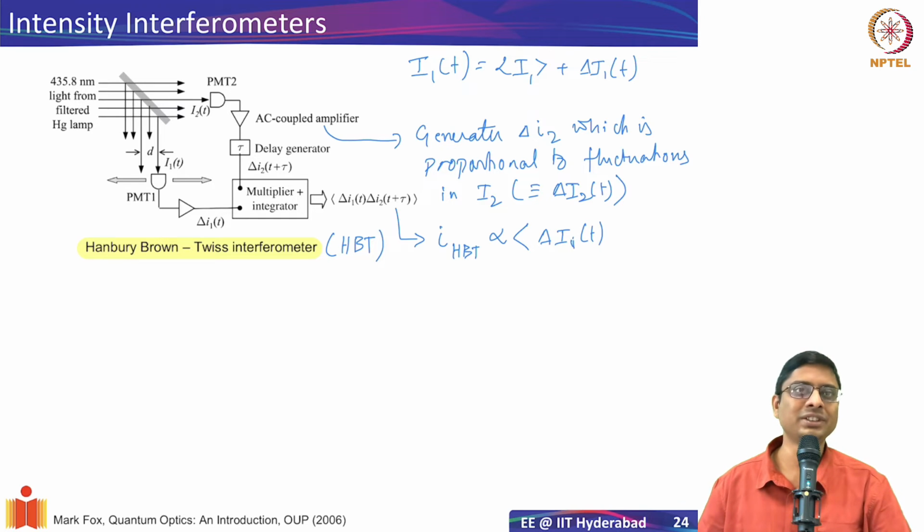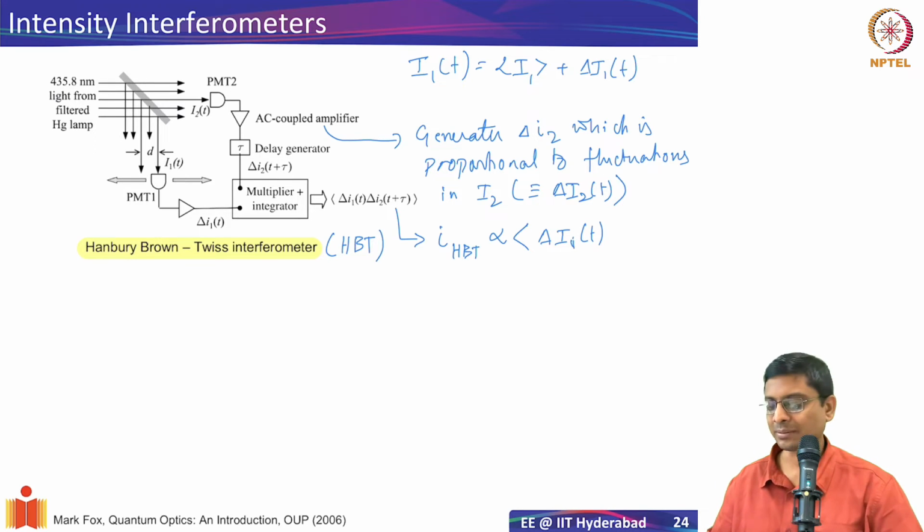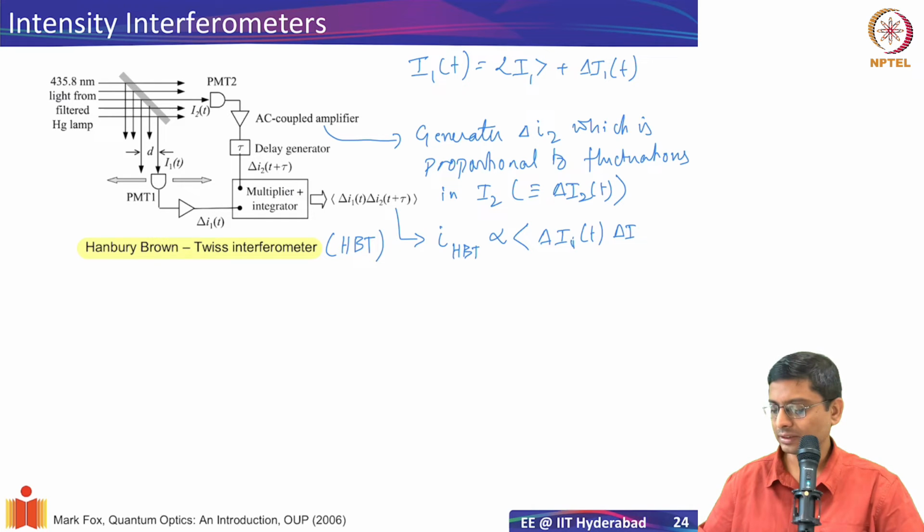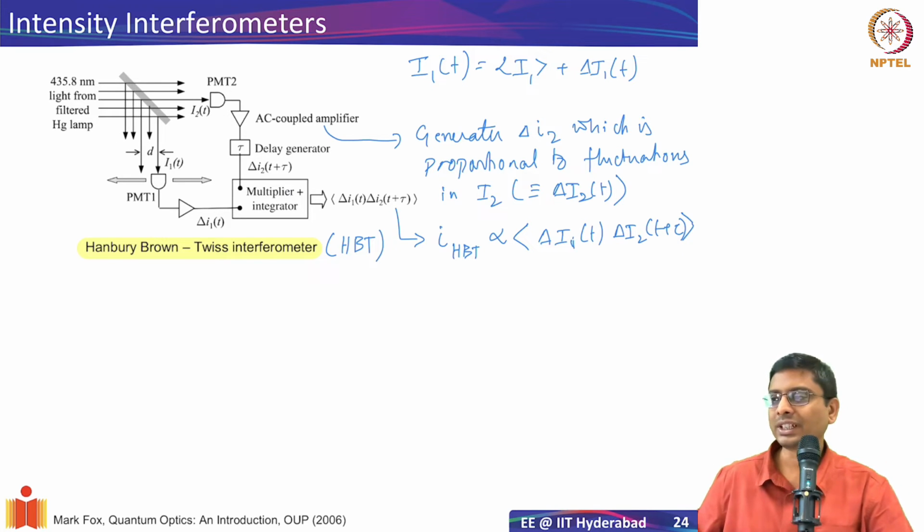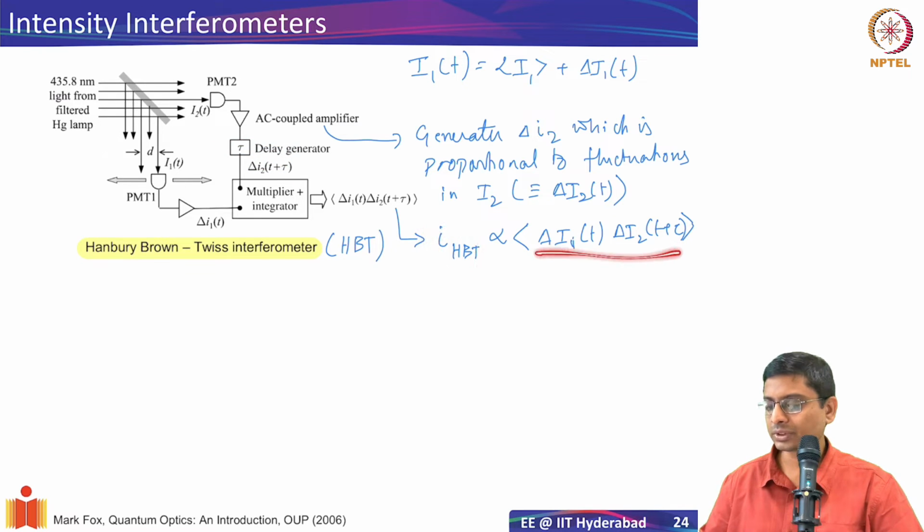Instead of changing the position, we change the time. So in the modern form, this is delta I2 of t plus tau. You have fluctuations in time. At t you have the direct beam, and the second beam you delay by a certain amount tau. So the output is proportional to the average value of the product of the fluctuations in 1 and the delayed version of 2.